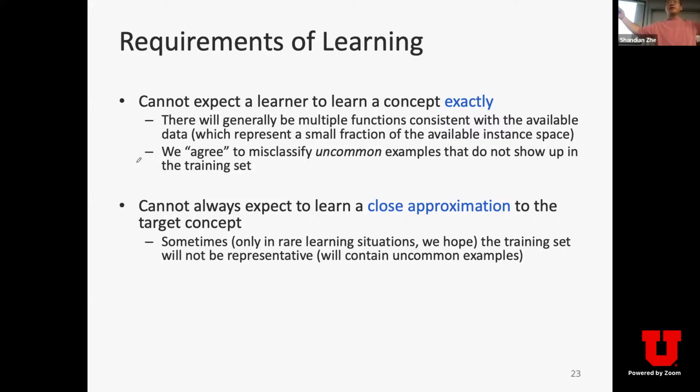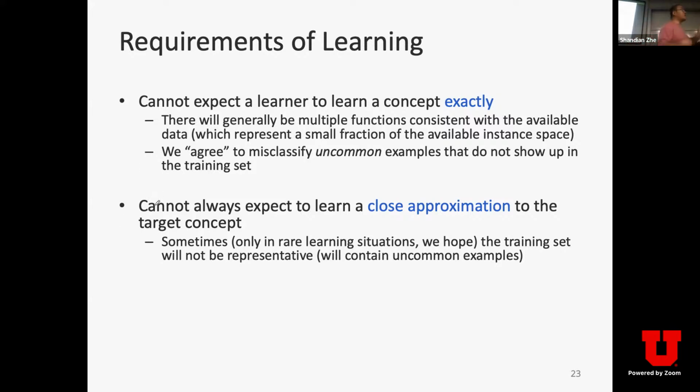But what if your training set happens to cover only a very unrepresentative part of the instance space? Then you cannot expect your learned hypothesis to be a very good approximation. So it really depends on the quality of your training set.